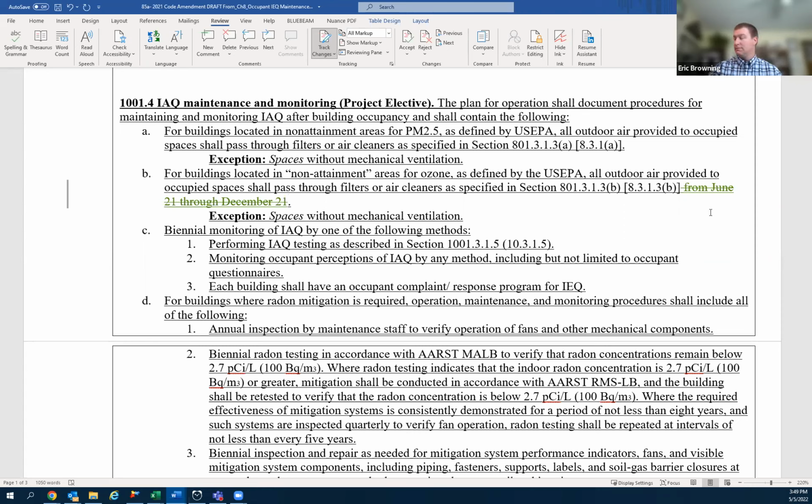Okay, Adam seconds that. Any discussion on that? Any other comments? We can vote on that separately, but if anybody wants to make another modification, we can do that now too, just to save some time, but we don't have to.